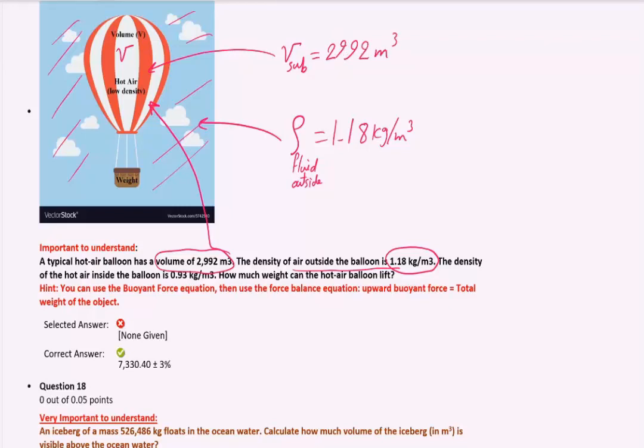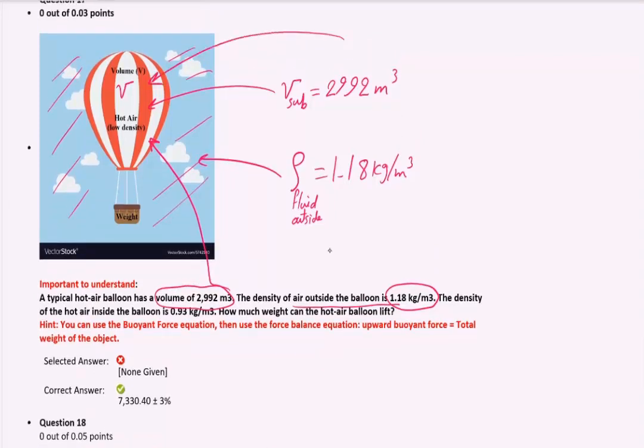The density of the hot air inside the balloon equals 0.93 kilogram per cubic meter. How much weight can the hot air balloon lift? We need to find this weight, the weight that the balloon can lift.